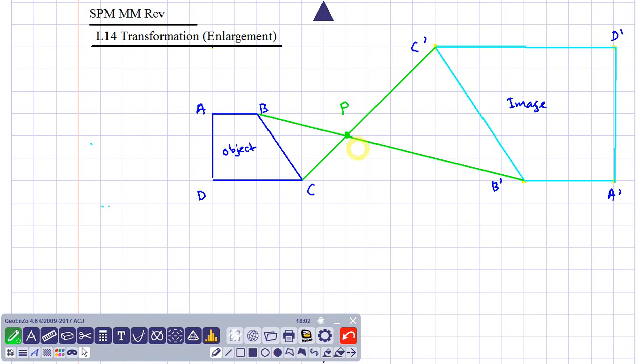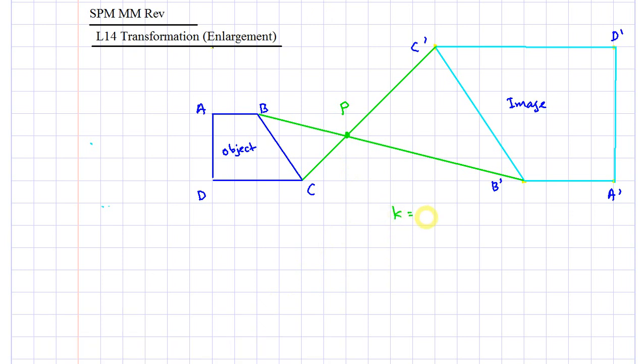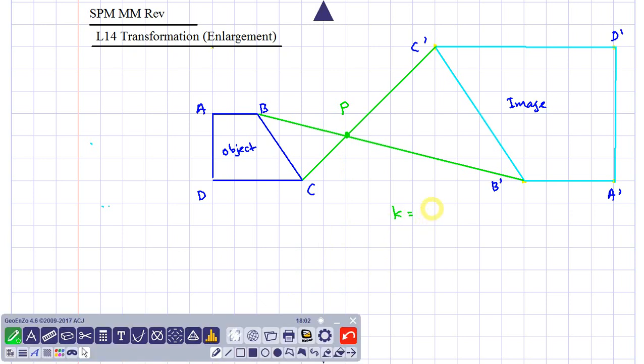For this case, you will notice that the object and the image are on different sides, and the center is between the object and the image. So for this case, the scale factor will be negative. How do we calculate the scale factor? It's the same. K equal to, always remember, image on the top.